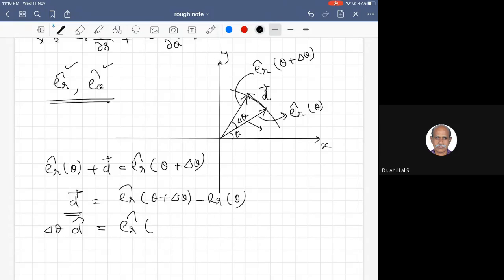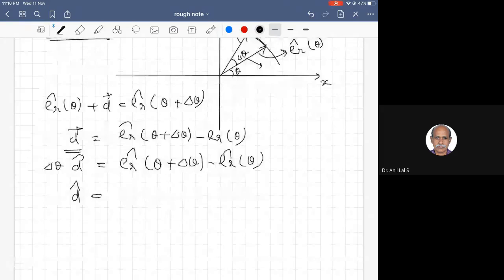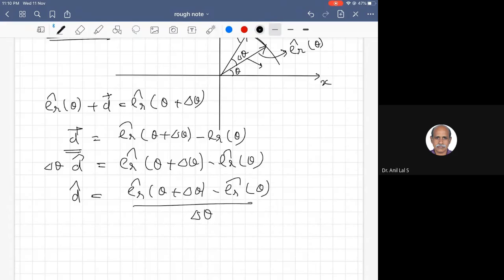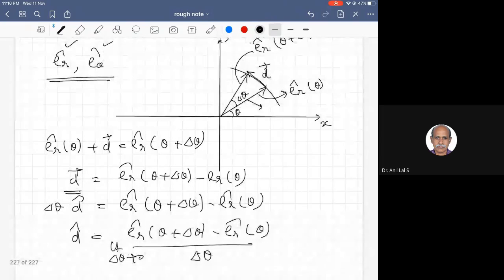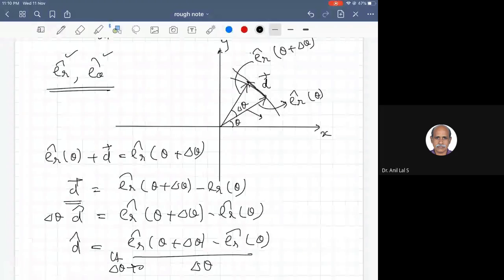So that unit vector is er at theta plus delta theta minus er at theta, divided by delta theta, and in the limit delta theta tending to 0, the d vector is along the tangent.